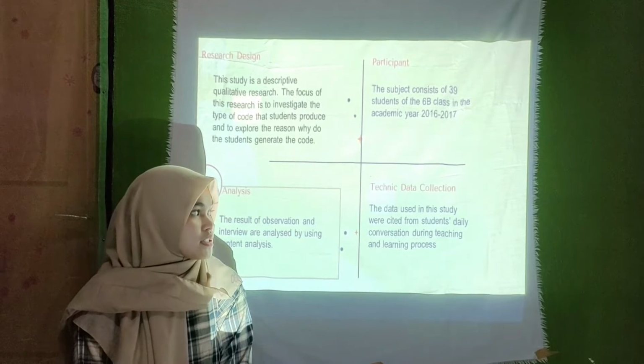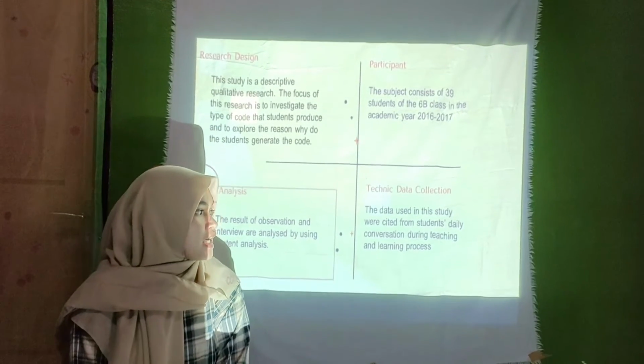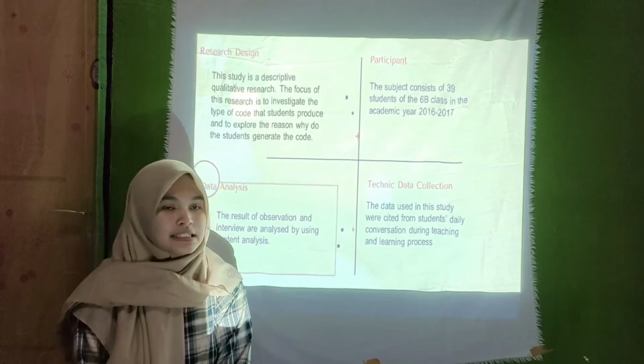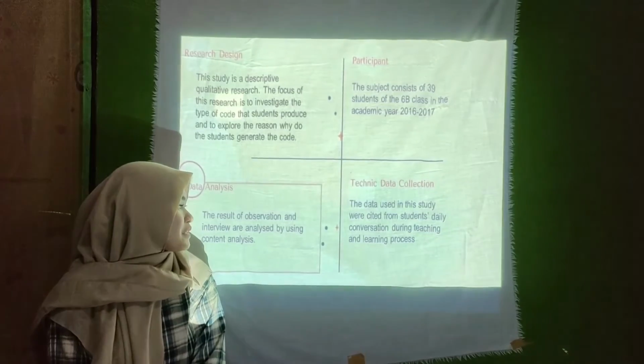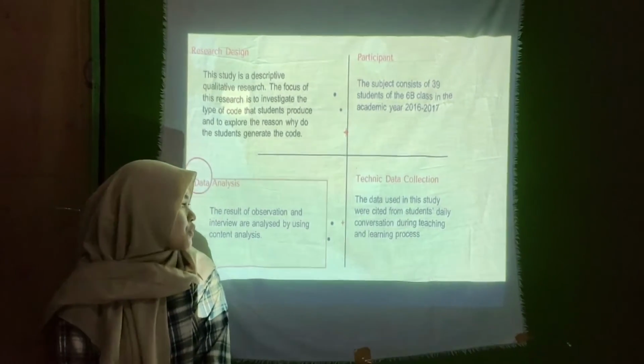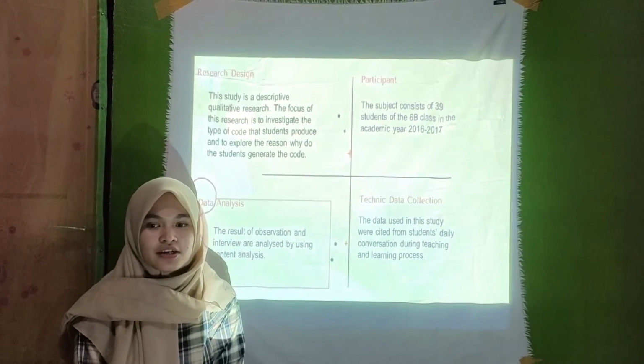The data collection technique used in this study was citing the students' daily conversations during the teaching and learning process, and the results of observations and interviews were analyzed using content analysis. Okay, next.